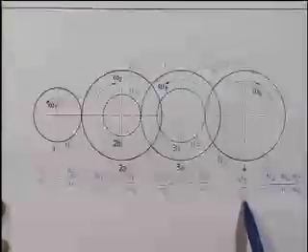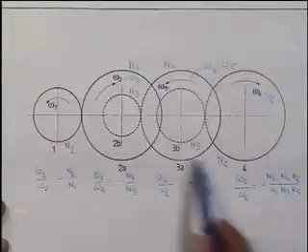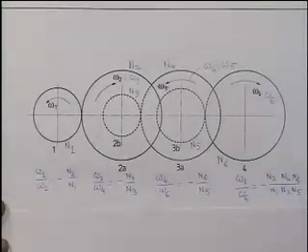So input speed by output speed, negative sign implies they are in opposite direction, and they are governed by the number of teeth on all of these gears in this compound gear.